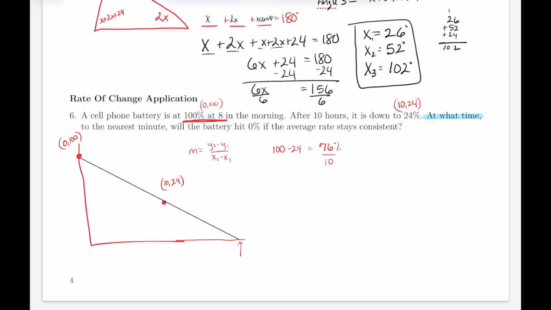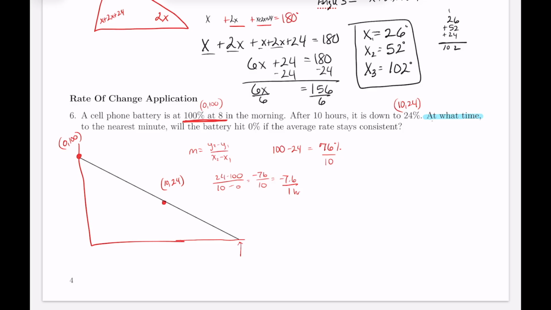So this would be 24 minus 100 over 10 minus 0. That's negative 76 over 10, or negative 7.6 percentage points per 1 hour. Okay.